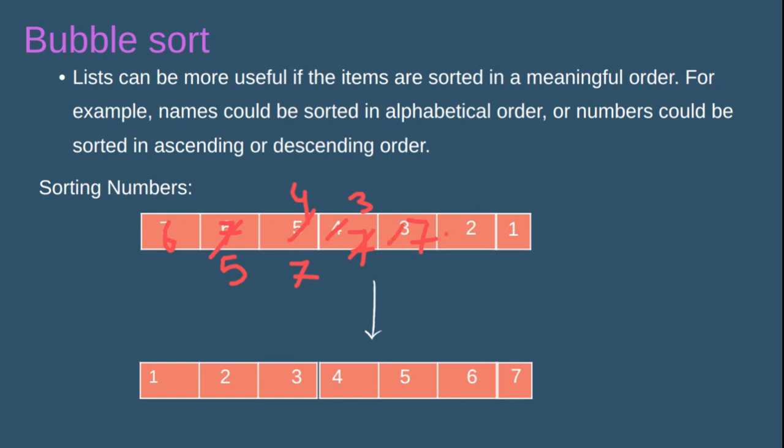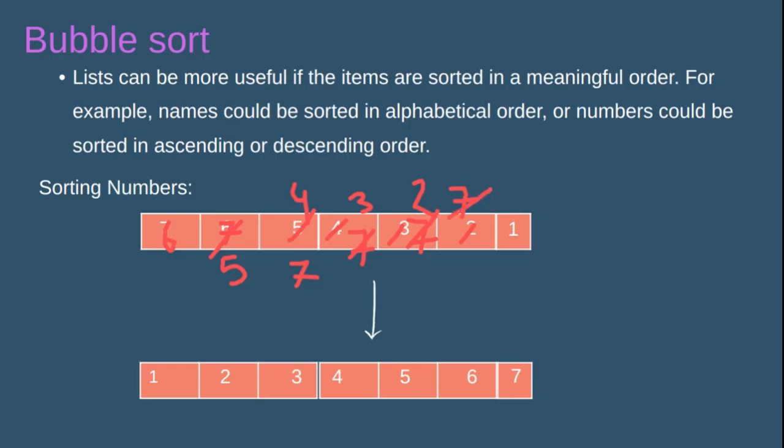Then 7 and 2: 7 is greater than 2, so again 2 will be swapped with 7, and 7 will be written in the second last index. Then 7 and 1 would be compared, and obviously 7 is greater than 1.